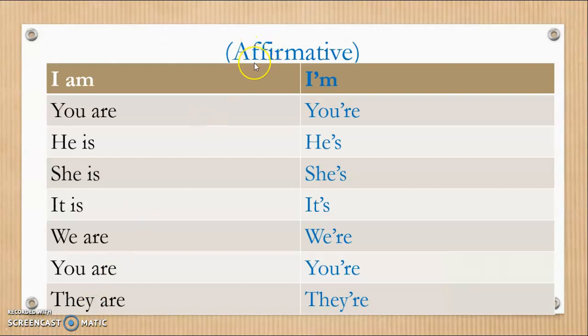Affirmative. What is affirmative? Affirmative means it's a positive statement. For example, when you write I am, the short form is I'm. You are, you're. These are the short forms. He is, he's.